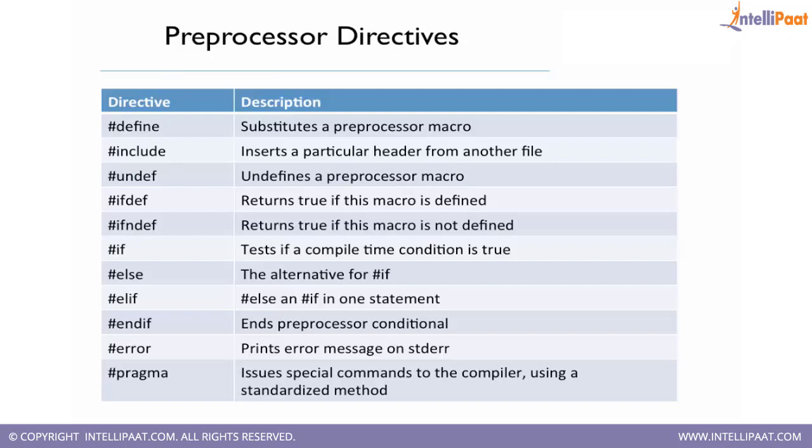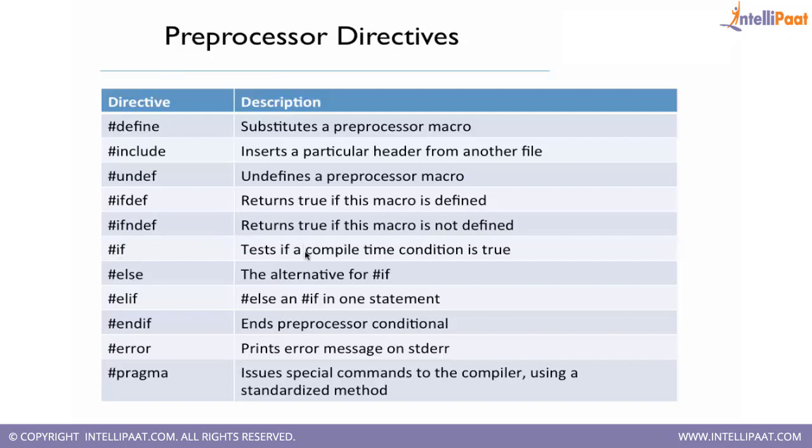For example, we want to use a hash define for only a limited number of lines, and then we don't want to use it, so we can use undef. Ifdef is to check if a macro is defined or not. Ifndef returns true if a macro is not defined.